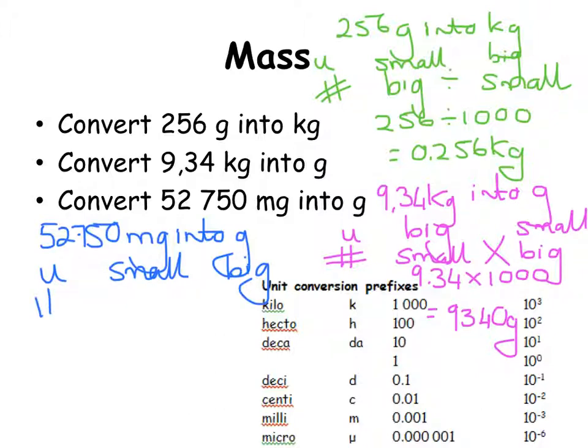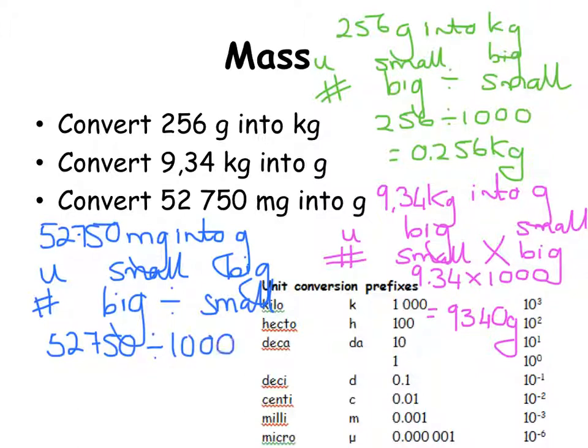The number is therefore going to go from big to small, which means I need to divide. A milligram is 1,000th of a gram. So in this case, I will divide by 1,000, and I'm able to see that if I take a look on the table over there, it's 0,001, so that's 1,000th, and I get 52,750 grams.